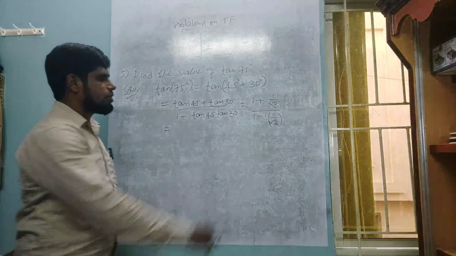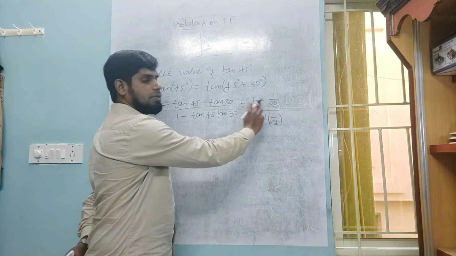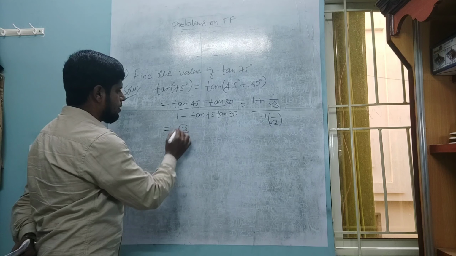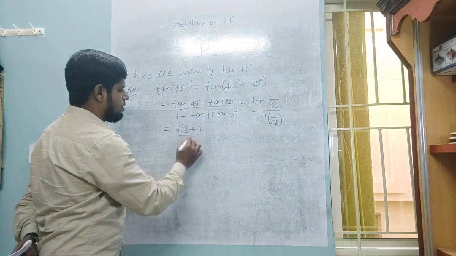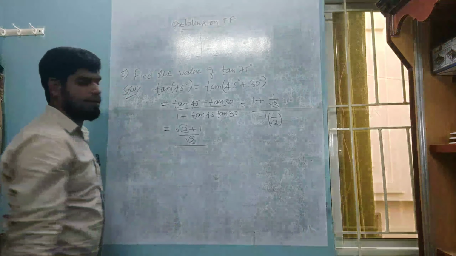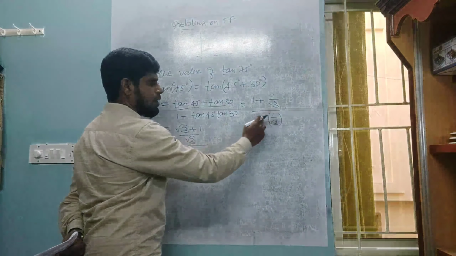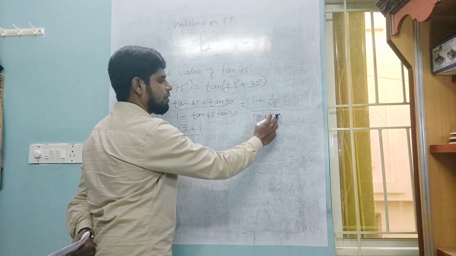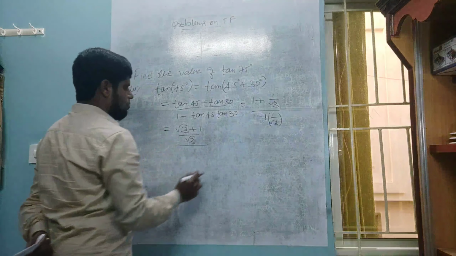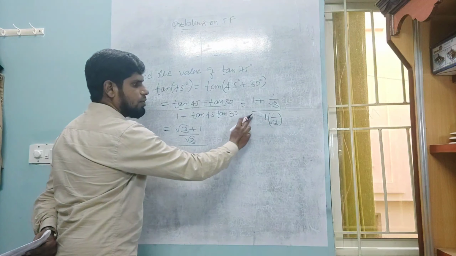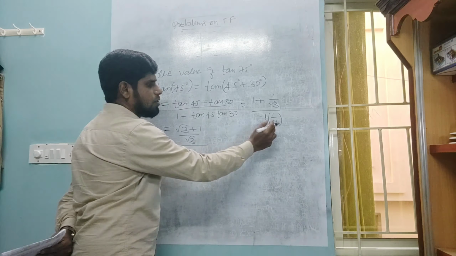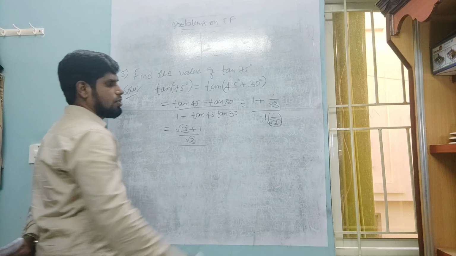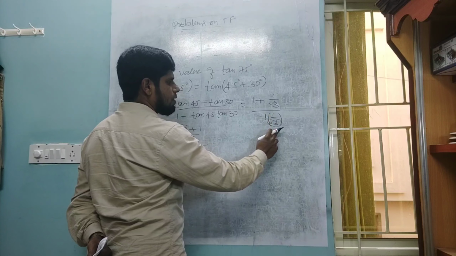Now after that, student, I should take LCM. In the numerator, LCM is root 3 because root 3 is the only denominator. So 1 into root 3 is root 3 plus 1 divided by root 3, whole divided by 1 minus 1 by root 3.